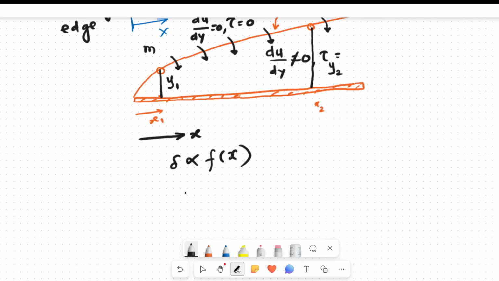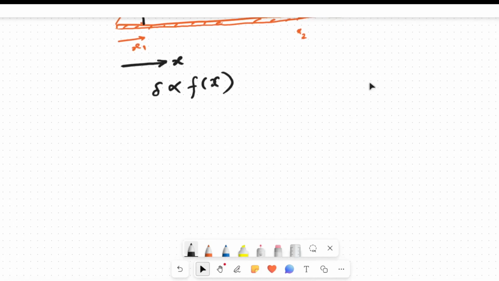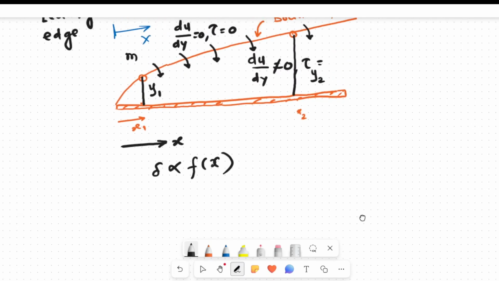Now, in fluid mechanics, we talk about the laminar and turbulent flow. The same thing is happening here. We can differentiate the flow by using the Reynolds number.